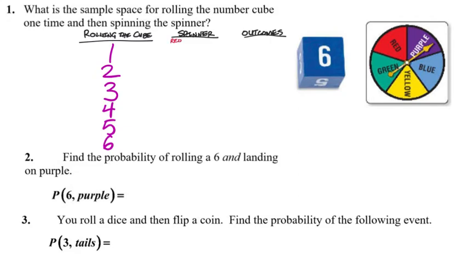Red, and then I'll move clockwise around the circle: then purple, then blue, then yellow, then green. All right, so just starting with the 1. Let's say that you rolled a 1. Well, from 1 you could get red, purple, blue, yellow, or green.